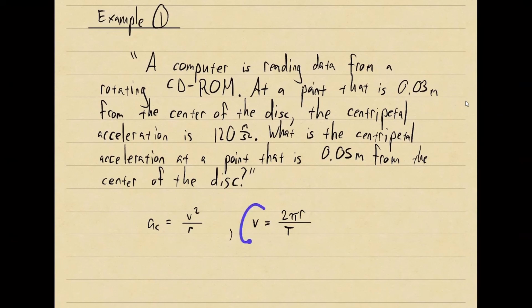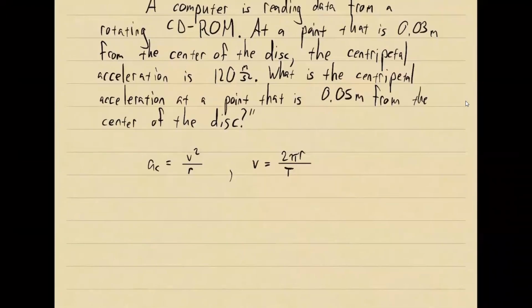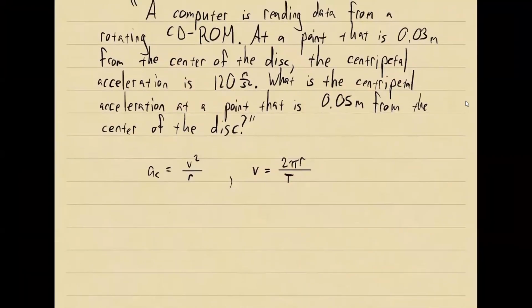So if we take this velocity and plug it in here, we're going to get our centripetal acceleration in terms of both r and the period. Right up top we have v squared, but v is 2 pi r over T. We're going to square that, and divide by r.